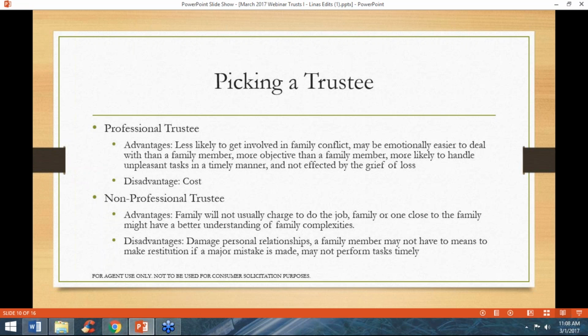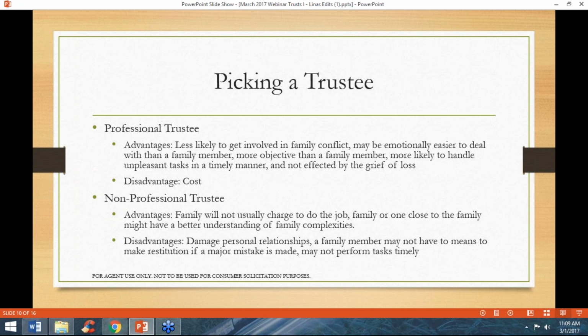Non-professional trustees have their own lists of advantages and disadvantages. Non-professional trustees are less likely to charge a fee to administer the trust, or will do so at a much lower rate. A non-professional trustee may have a better understanding of the family's dynamics and thus be better suited to making hard decisions.